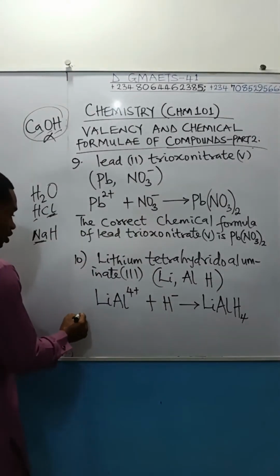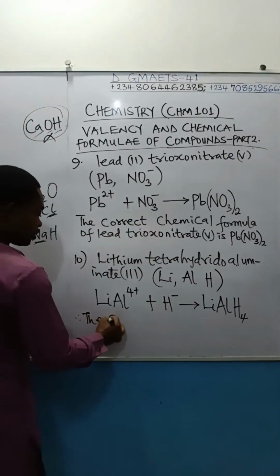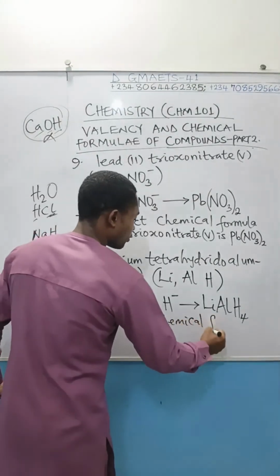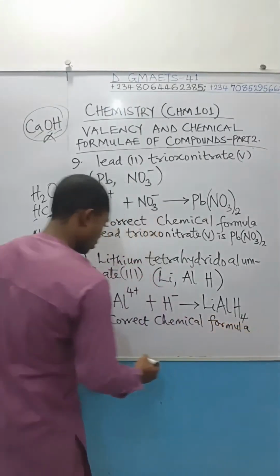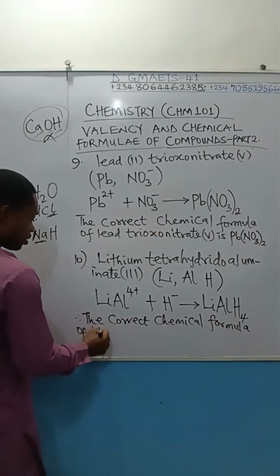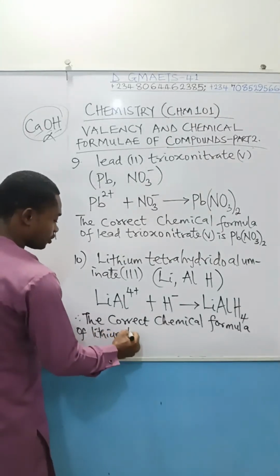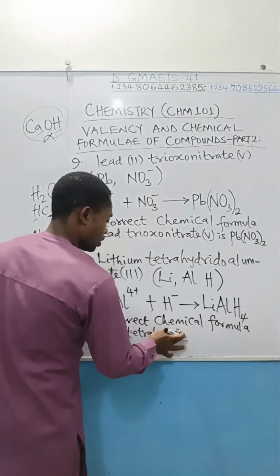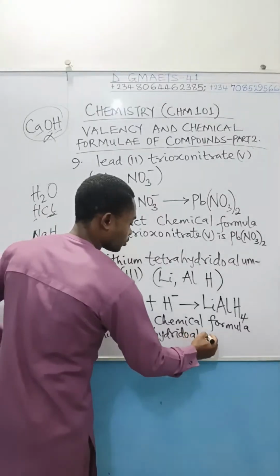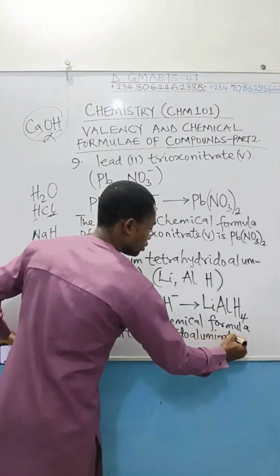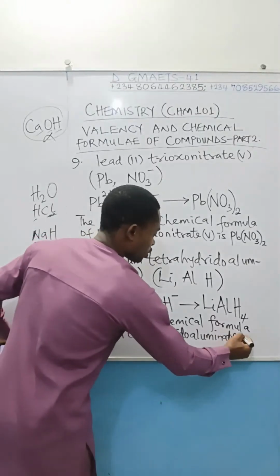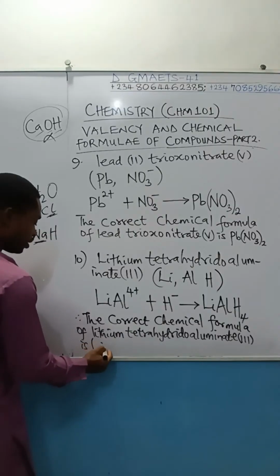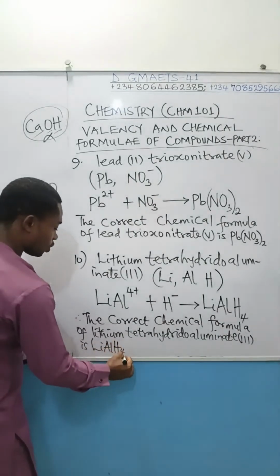Let's conclude. Therefore, the correct chemical formula of lithium tetrahydroaluminate 3, you must put this number in brackets, is LiAlH4.